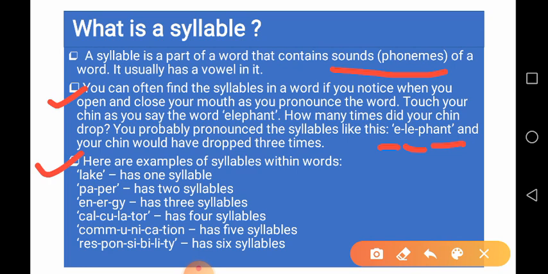In the word "paper," you have two sounds, first is "pay" and second is "per." So, your chin drops twice, then it is called a two-syllabic word. In the word "energy," it is pronounced like "en-er-gy," so it is a three-syllabic word.